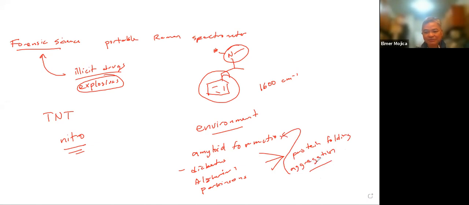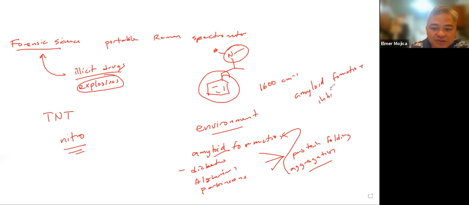So the way that they try to deduce or what we could implement some sort of a therapeutic solution to this amyloid formation is to develop something that prevents the aggregation. So yung tinatawag nating amyloid inhibitors or amyloid formation inhibitors.